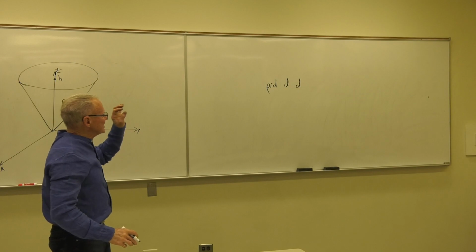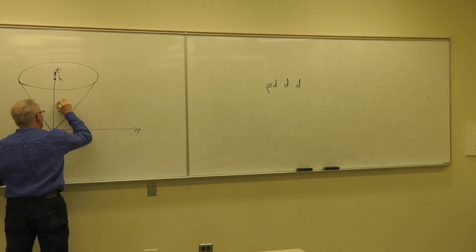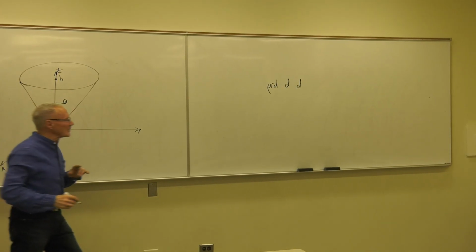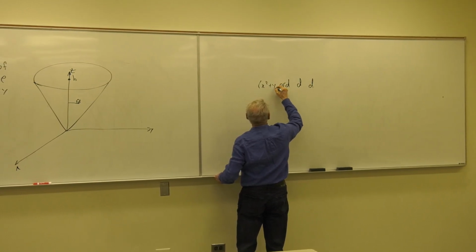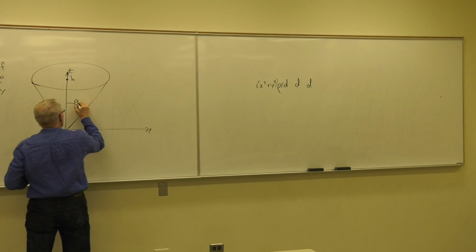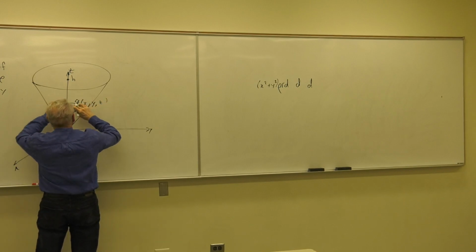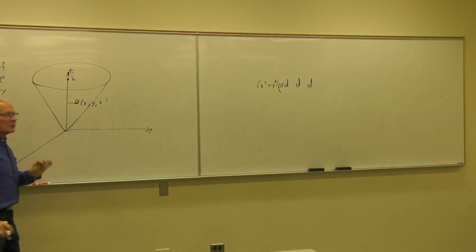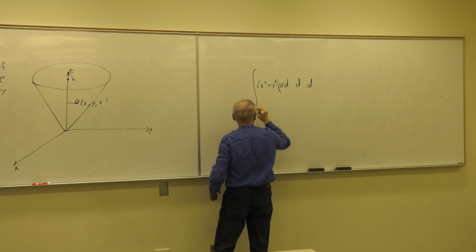That's his mass, we need his moment of inertia around the z-axis. But we saw that was x squared plus y squared. That's the square of the distance from this little piece of mass at x and y and z to the z-axis, squared. Now we're going to add it.